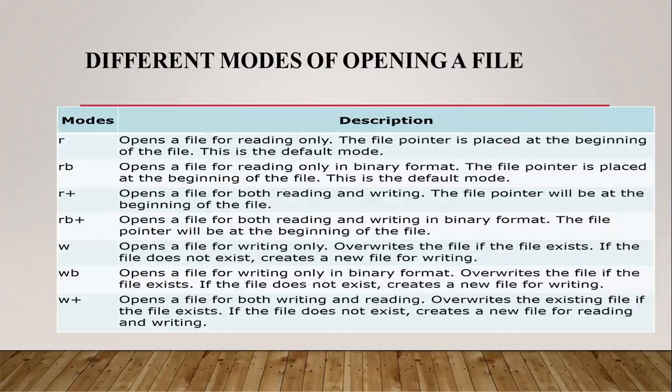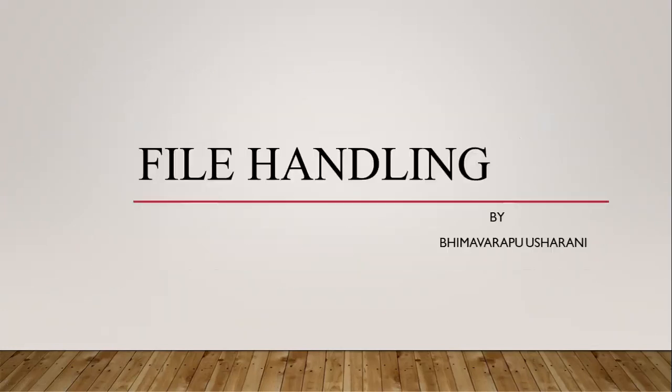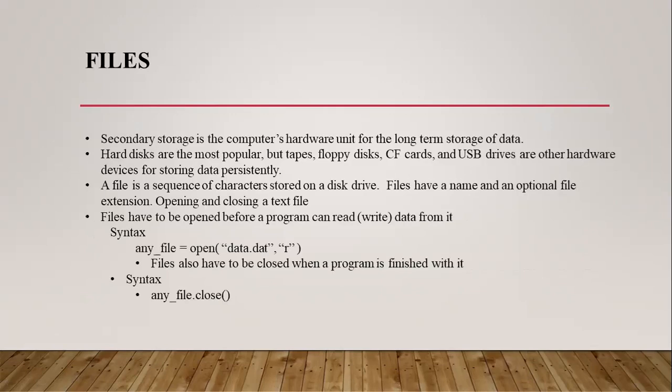Next one is the file handling concept in Python. The main important usage of the file is that it is used to store the contents. We already have some ways to store content: variables, arrays, lists, dictionaries, tuples, sets.